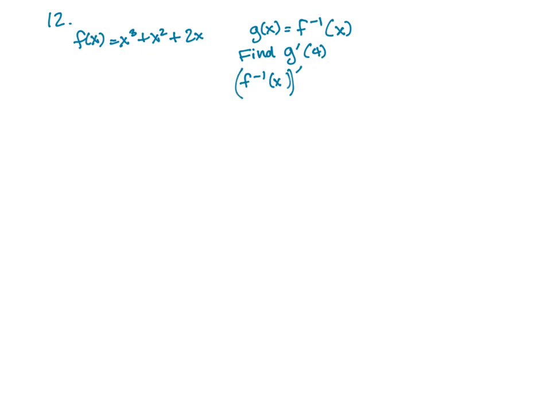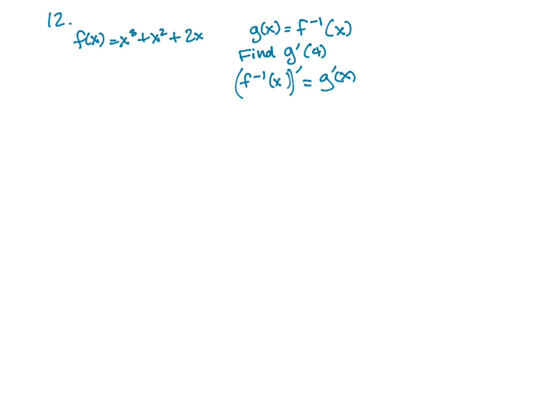So I'm trying to take the derivative of the inverse function. Great, I've got a formula for that. Anytime this is my setup and I'm taking a derivative of an inverse function, I get to jump straight to my formula. So g prime of x is equal to f inverse of x prime. Right? That's what it's saying.